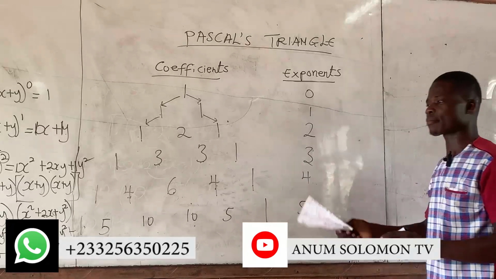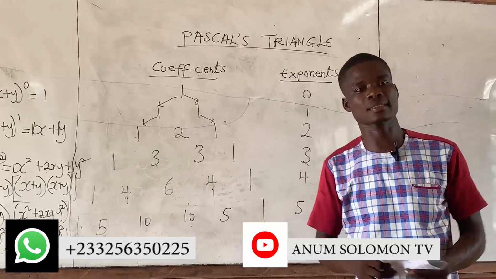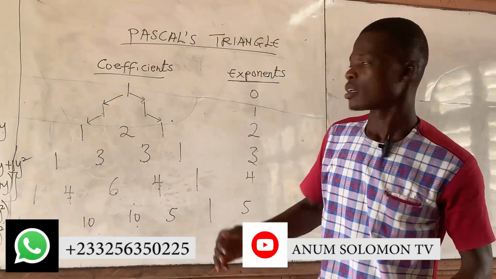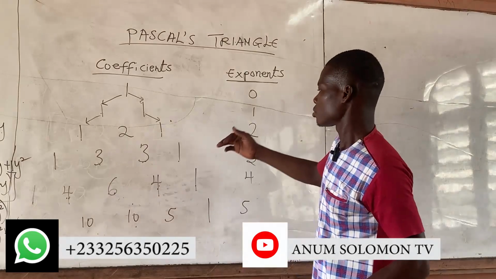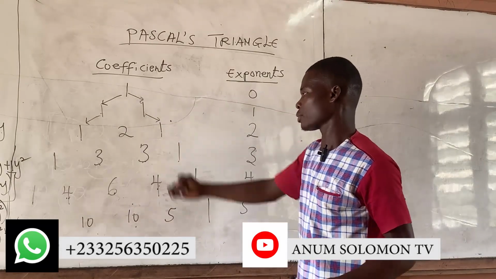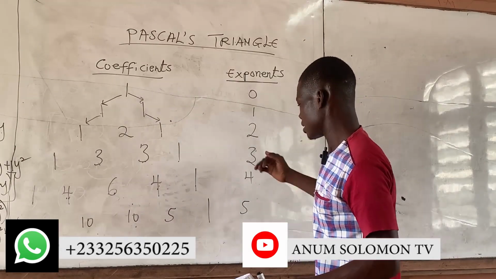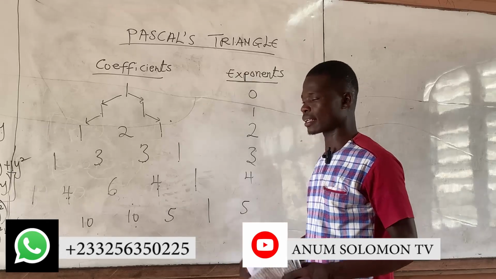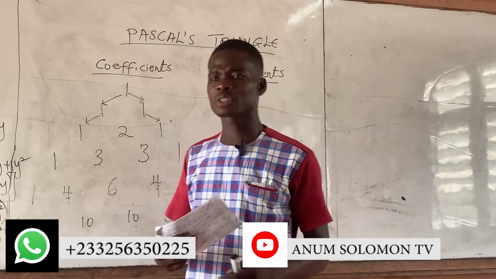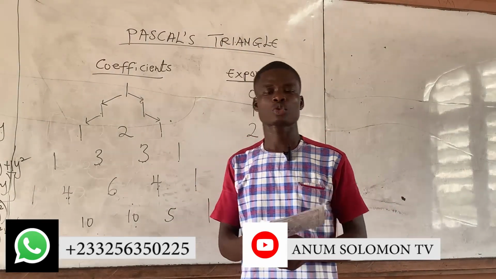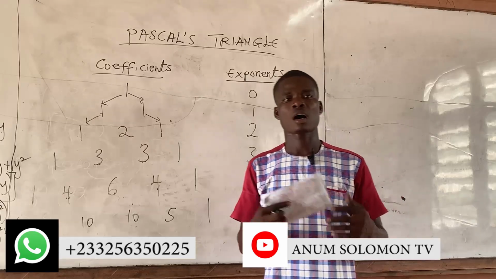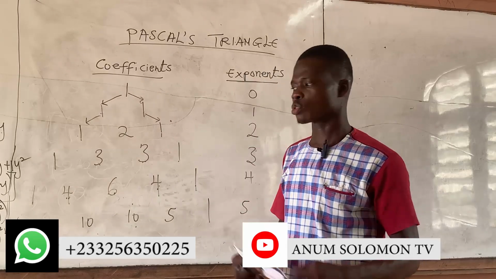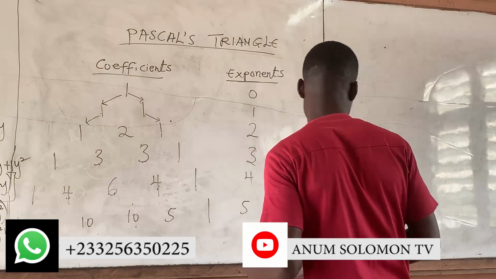You can do the same procedure for the exponents 6, 7, 8, 9. Now let's use these coefficients to solve algebraic brackets, to solve a given problem.